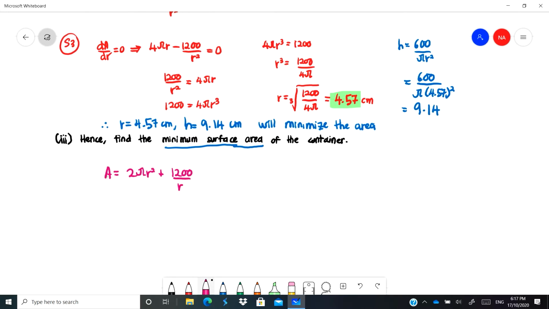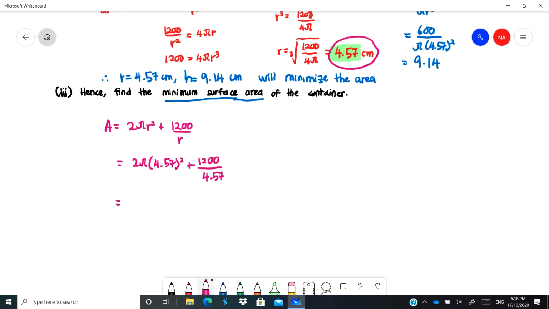So now we're going to substitute the value of r with 4.57. So we'll have 2 pi times 4.57 squared plus 1200 over 4.57. Pressing this into the calculator, we will get the area is given by 393.81 centimeter square, because it is the area.